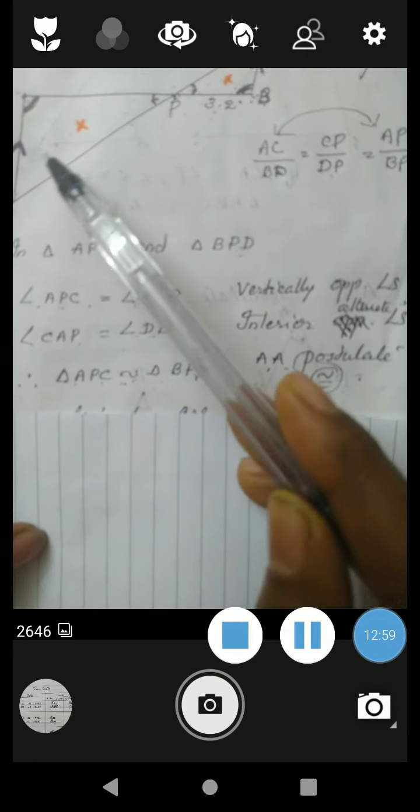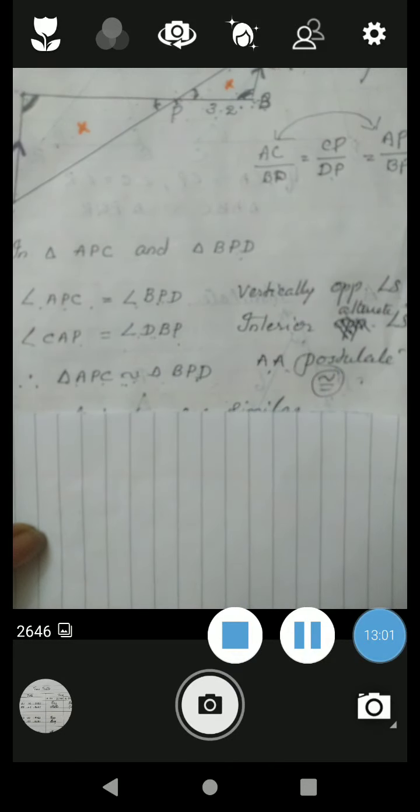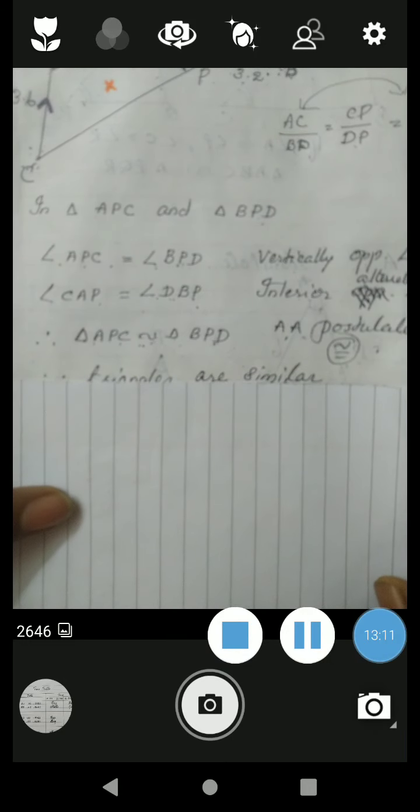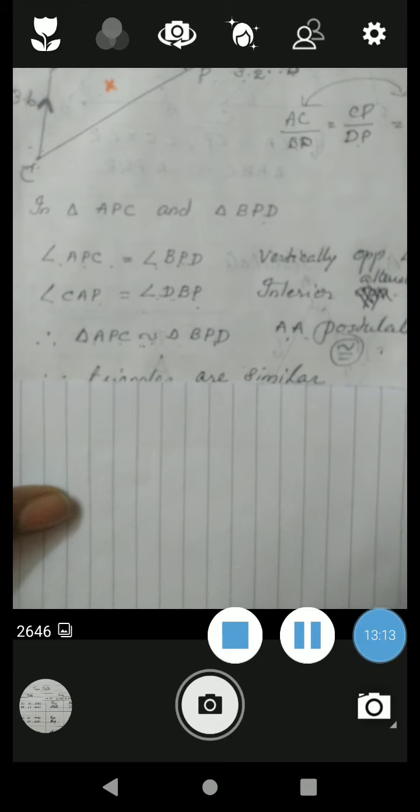Now, we are going to find out PA and PC. If these two triangles are similar, we know the property: corresponding angles are equal and corresponding sides are in proportion. That is the definition of similarity, no? Once again, you have to remember how to identify corresponding sides.